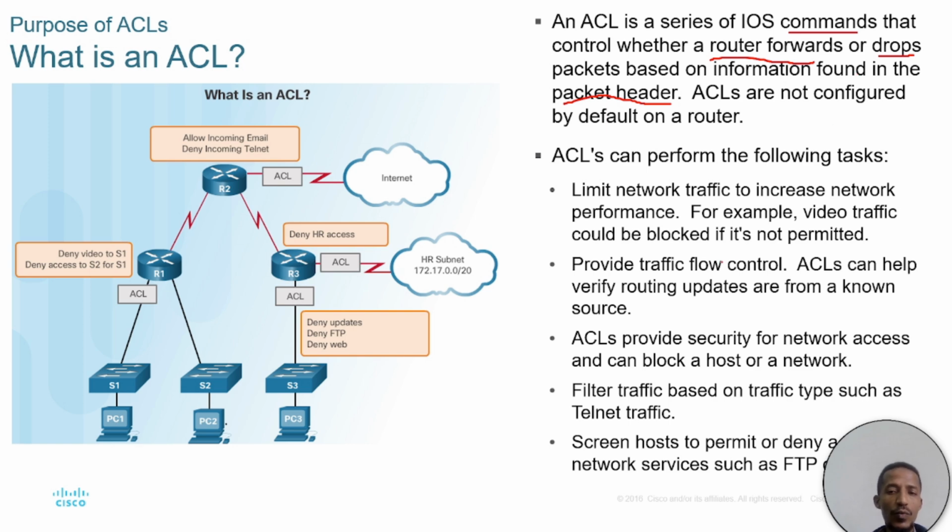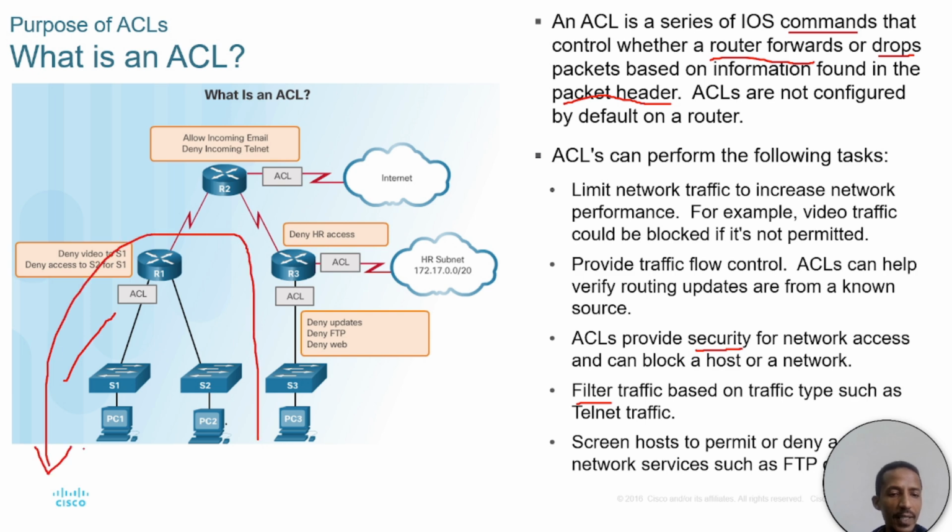In general, they are used for controlling traffic flow. It could be security, filtering, or screening, but in short, their purpose is traffic control. For example, on router 1, we're going to deny videos coming from this network, and also deny access from this switch to this area.